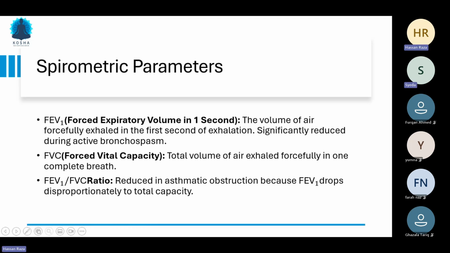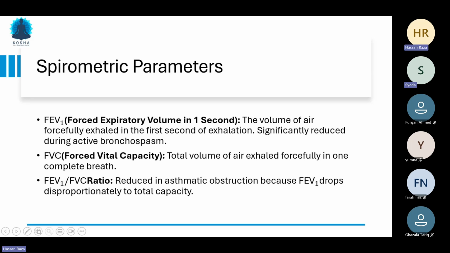This is a test which is really essential for asthma and COPD, and it's called spirometry. We have a device. As I have told you, I work in a hospital, and we have a spirometry device available. This device tells us the volume of air expelled in the first second, and it also tells us the total volume of air expelled by the patient in one breath.